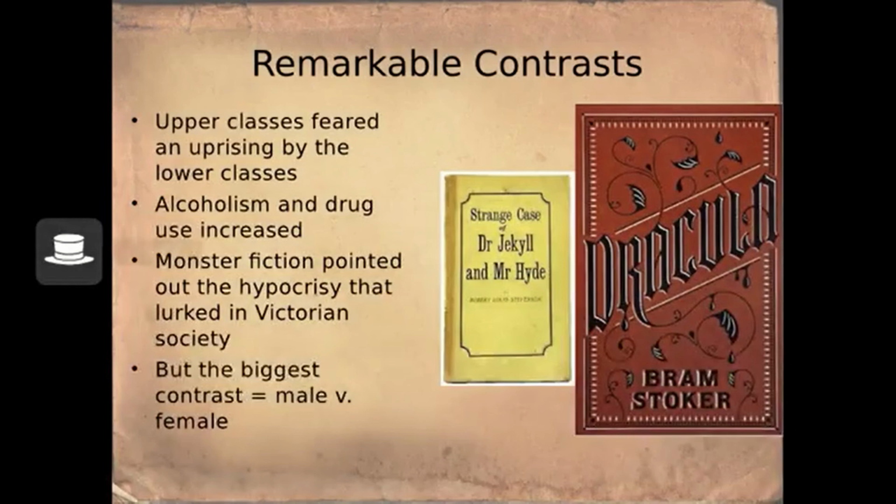Dr. Jekyll and Mr. Hyde, the book, is actually an allegory for the idea that rich people of the time have a good side, but they also have this monster side where they have these debaucherous events where they eat and drink and do drugs and do all this stuff.